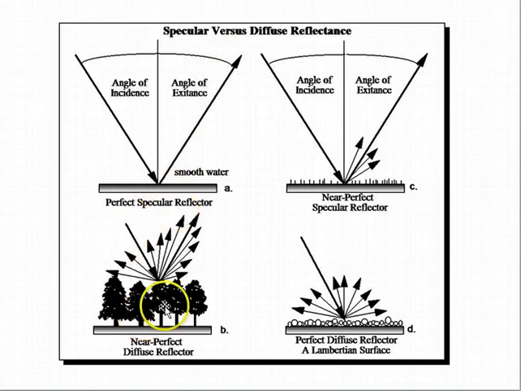Most natural features fall somewhere in between that perfect specular and this perfect diffuse Lambertian surface. There is usually a dominance of reflected light in a given direction at that angle of incidence, but there's also diffuse reflectance in addition to that.